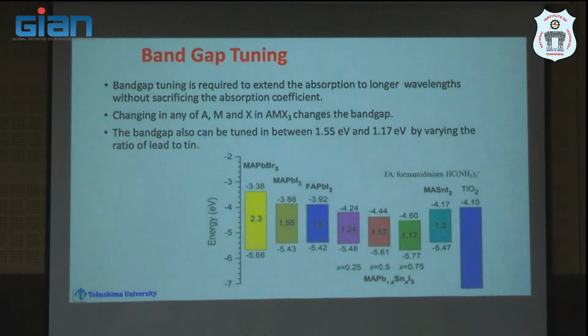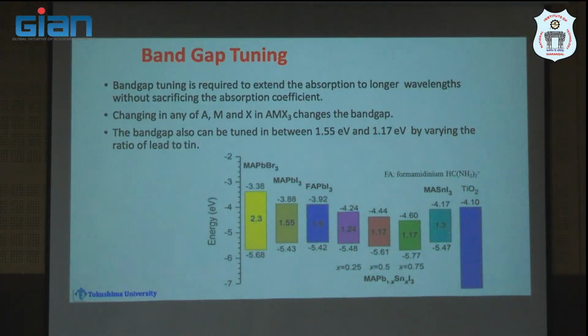So it has good absorption, and this perovskite material can have good band gap tuning. Various kinds of perovskite material can be used, and you can see their band gap. Why? Because if the band gap is less, electrons can move fast, the process will be faster, and the efficiency might increase.